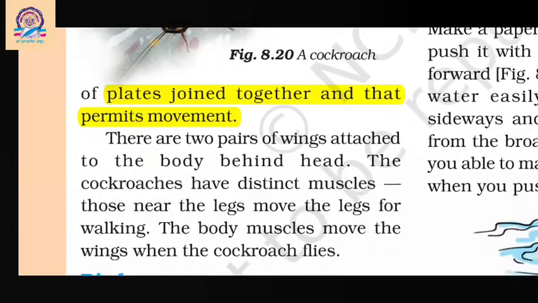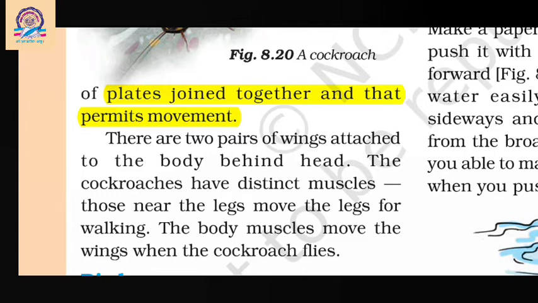The cockroach has distinct muscles. It also has muscles near the legs, which help in walking. The body muscles move the wings when the cockroach flies. Okay, these muscles also help the wings to fly. Okay, how does a cockroach move? Is it clear? With the help of wings it can fly.